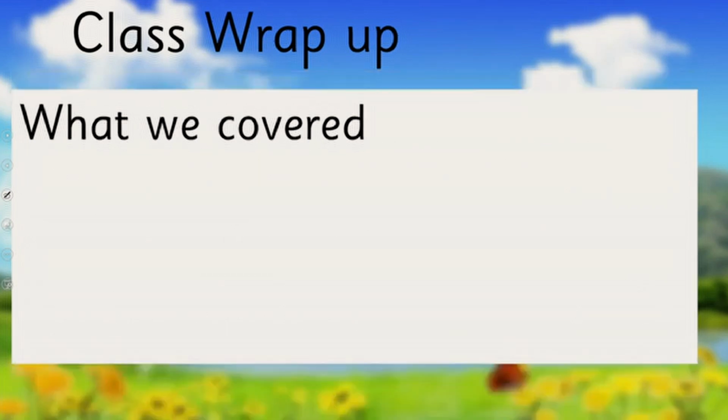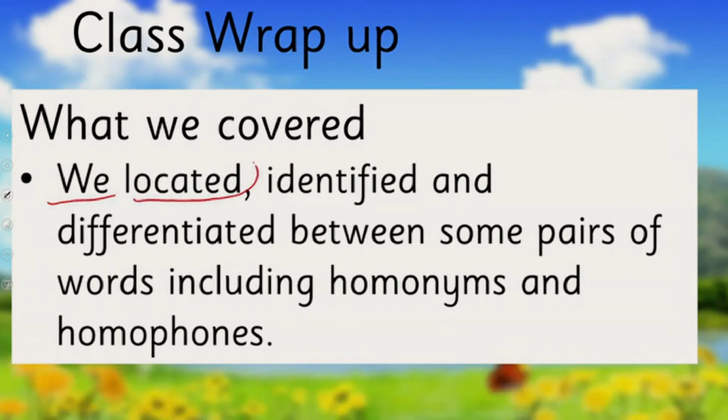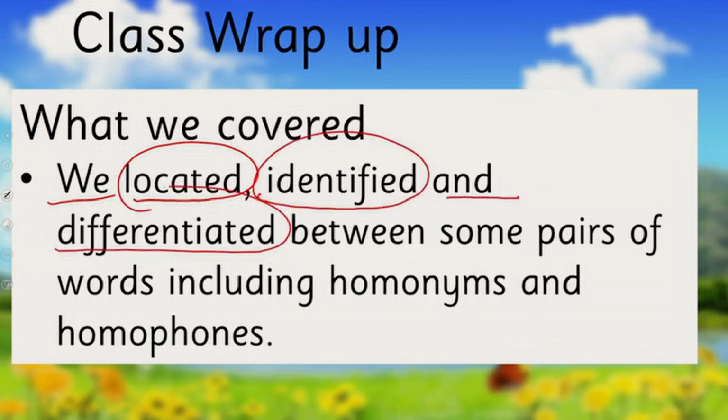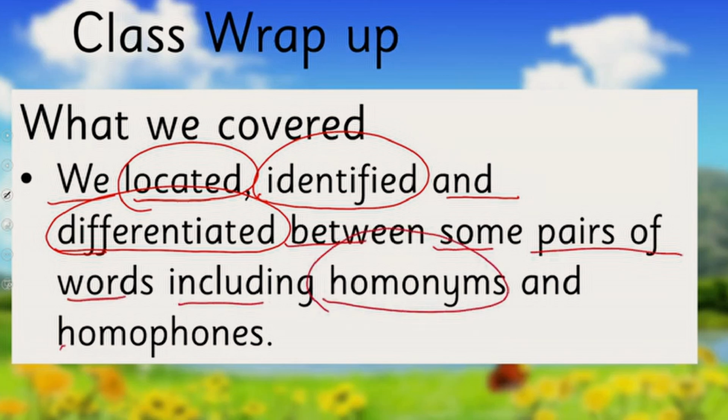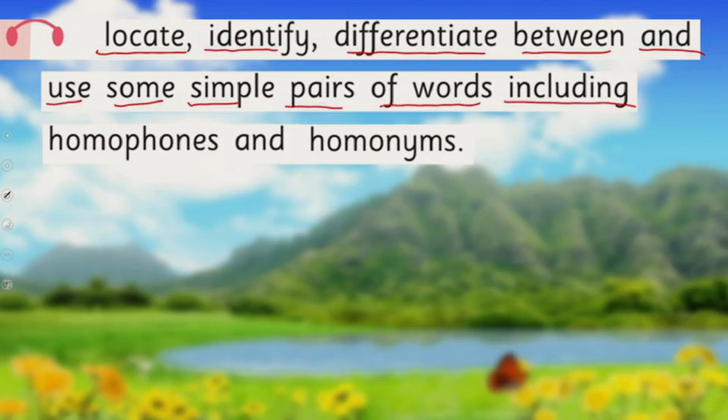And one thing more we learned. We located, identified and differentiated between some pairs of words including homonyms and homophones, right? So in this way we achieved today's SLO, that was to locate, identify, differentiate between and use some simple pairs of words including homophones and homonyms.